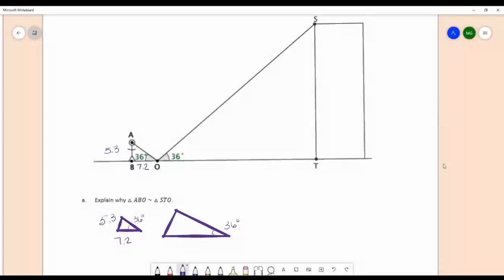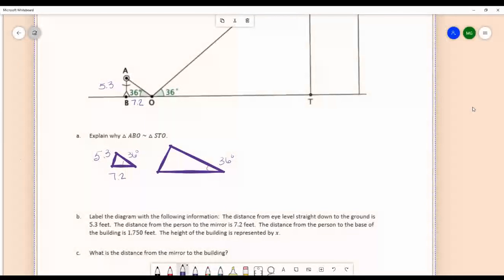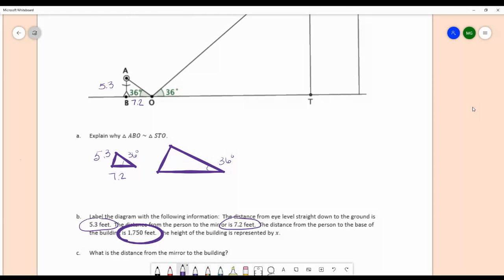Where am I getting these pieces of info from? Down below, sorry. Right here, I'm sorry, guys. 5.3, 7.2, okay? And then we also know that the distance from the person to the base of the building, so this whole distance, was 1,750 feet.